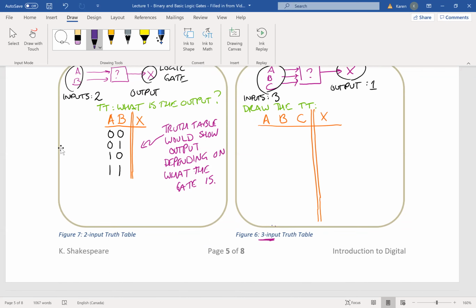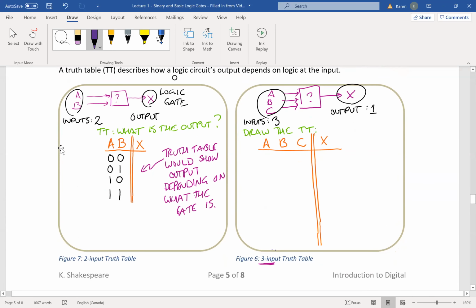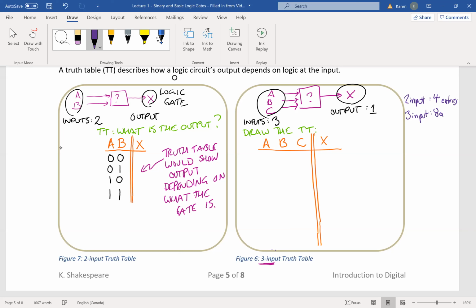So in general, in a 2-input truth table, there are 4 entries. I'm going to write that over here. In a 2-input, there are 4 different combinations. In a 3-input, there are 8 entries. In a 4-input truth table, so A, B, C, and D, there would be 16 entries.